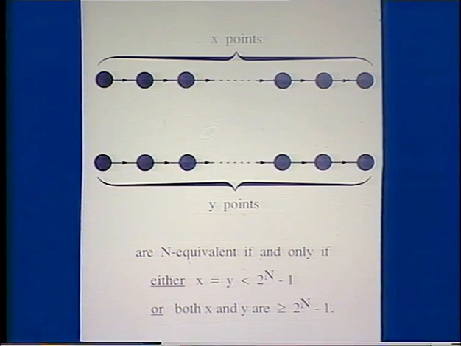So, for example, if n is 2, the game is of length 2, then the 2 beadings are 2 equivalent if and only if either they both have 1 bead, or they both have 2 beads, or they both have at least 3 beads.